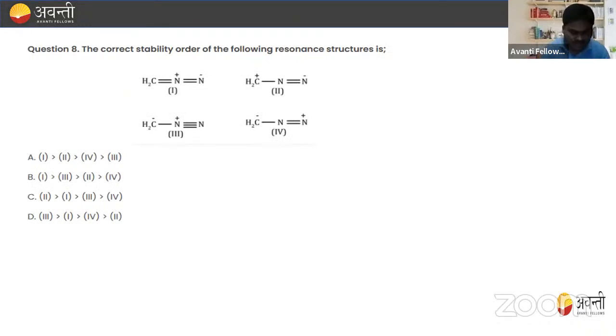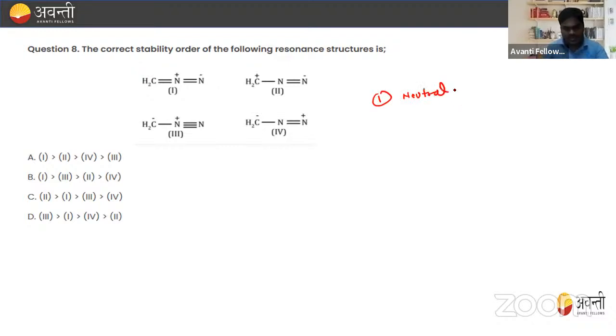Now, question number 8. This is also very important. The question asks, what is the correct stability order of the following resonance structures? The stability of the canonical structures is decided by the following factors. First, neutral structures are the most stable. The first important point is neutral.